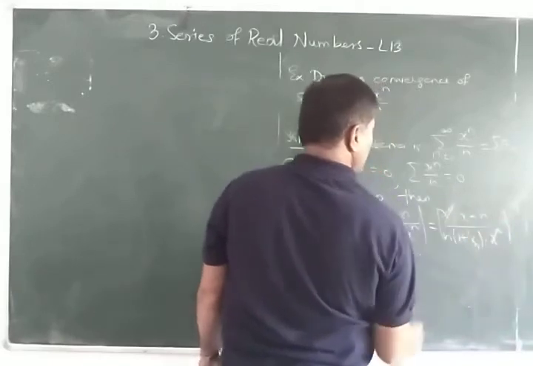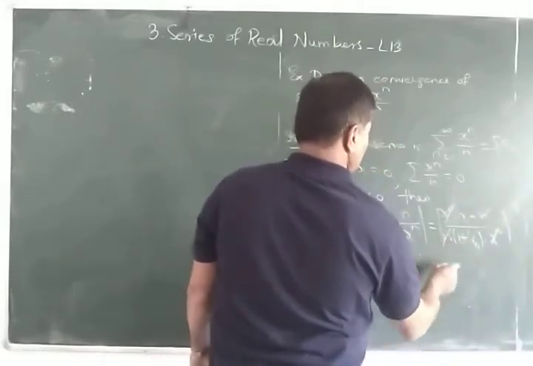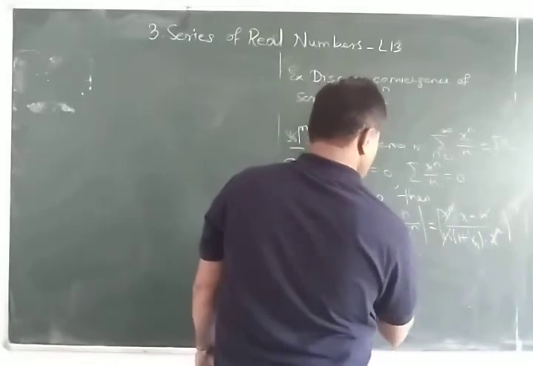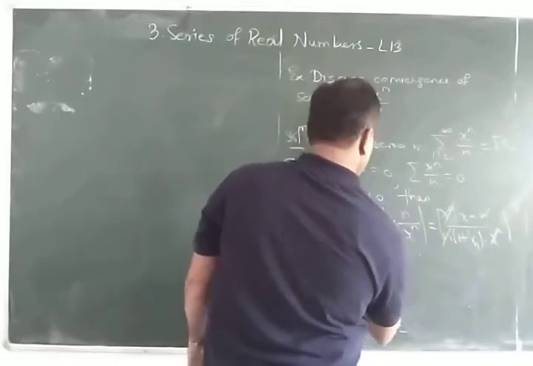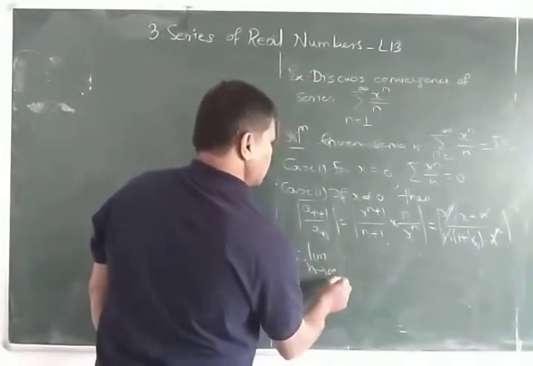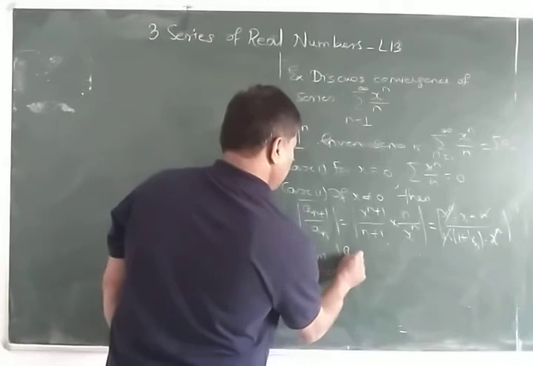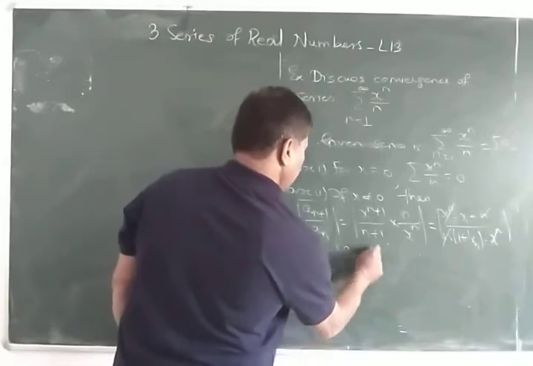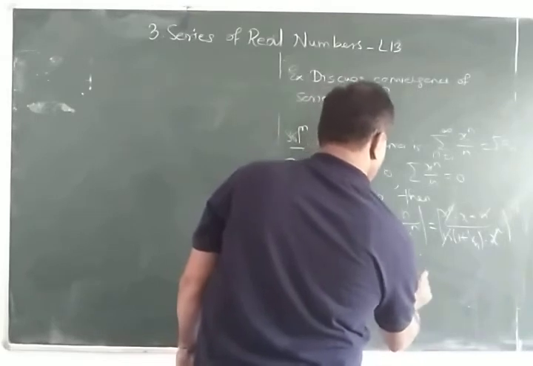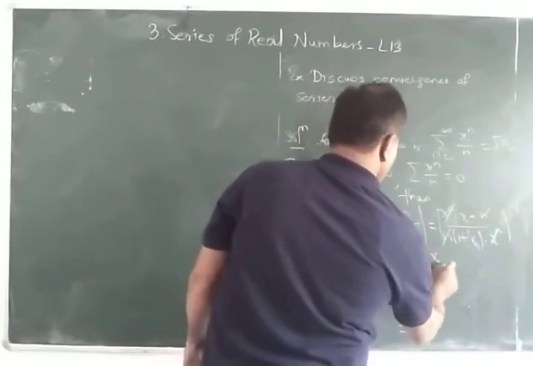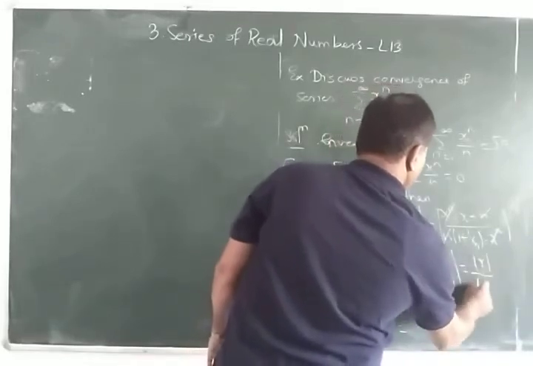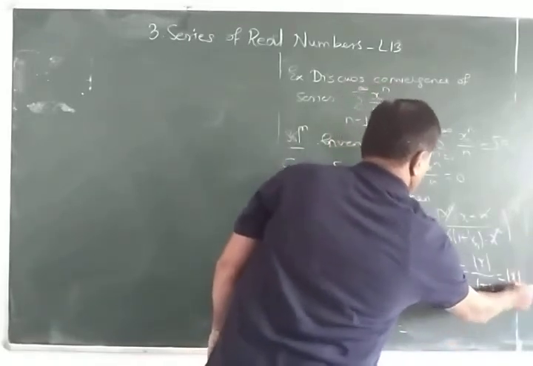This x raised to n gets cancelled, n gets cancelled, and it will become mod x upon 1 plus 1 upon n. Therefore, the limit of mod of a_(n+1) upon a_n is limit n tends to infinity of mod x upon 1 plus 1 upon n, which is mod x upon 1 plus 0, equal to mod x.